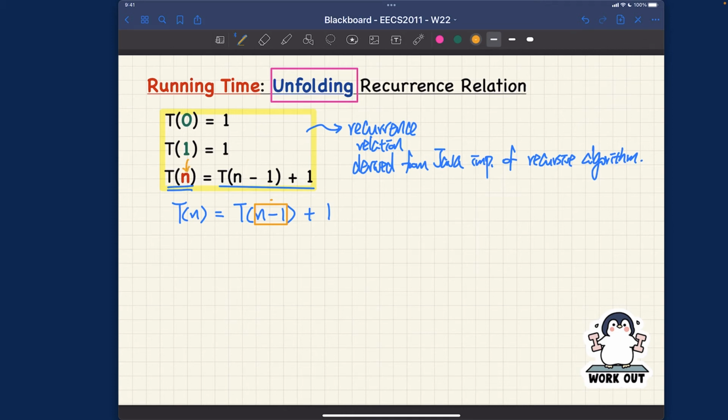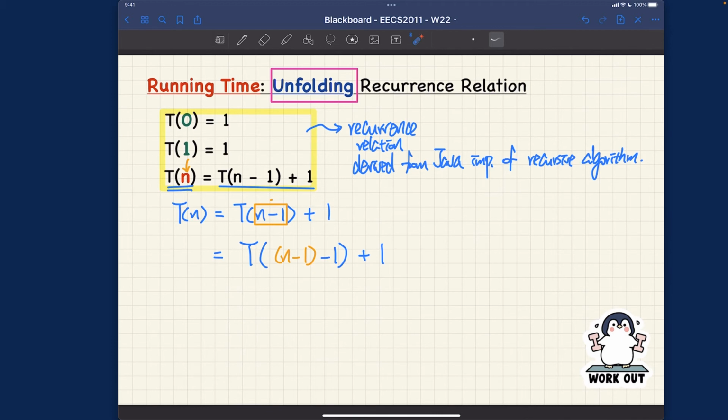Let's now take a look. What would be the running time over here when n is replaced by n minus 1? It's going to be T of n minus 1 minus 1 and then plus 1. I try to be as explicit as possible.